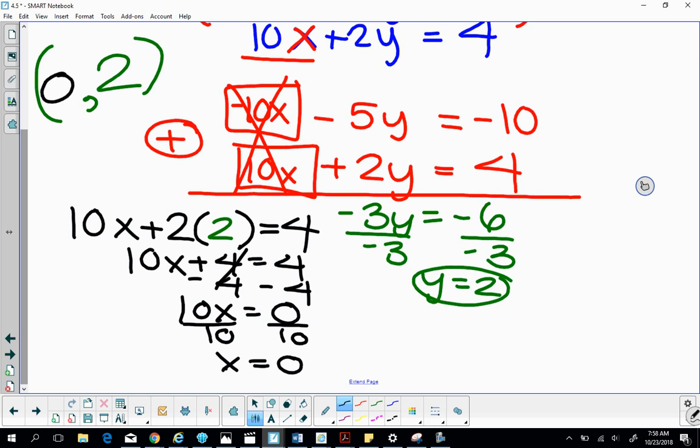For a brain buff, when your x is 0, what vocabulary word do we use to describe that on a graph? 0, 0 is the origin, but just when your x is 0 and you have a number there, what do we call that on a graph?